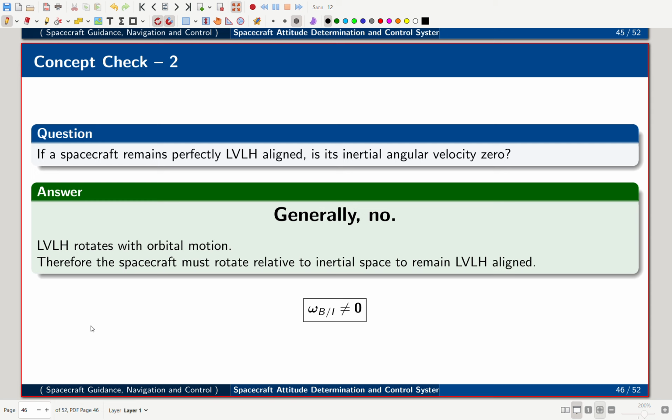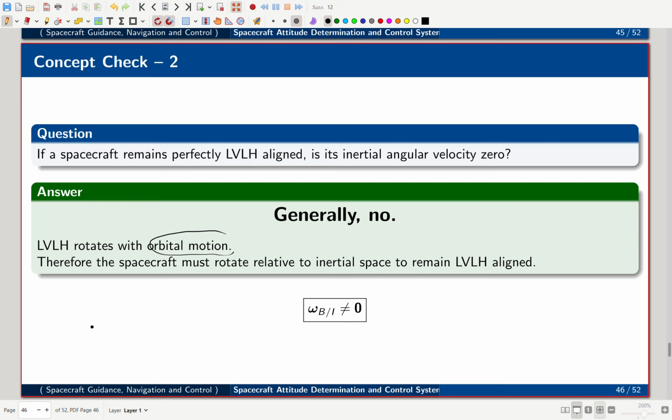Concept 2 question: if a spacecraft remains perfectly local vertical, local horizontal aligned, is the inertial angular velocity zero? No. The local vertical, local horizontal frame rotates with the orbital motion, right?